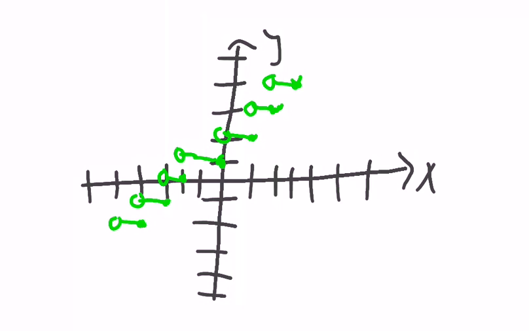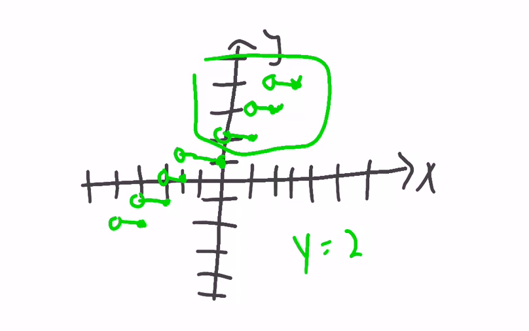So they might ask you some questions and say, what would represent this graph? They might not give you the whole graph, but if we just look at a piece of it, they might say, well, it looks like y equals 2 if x is between 0 and up to 1.